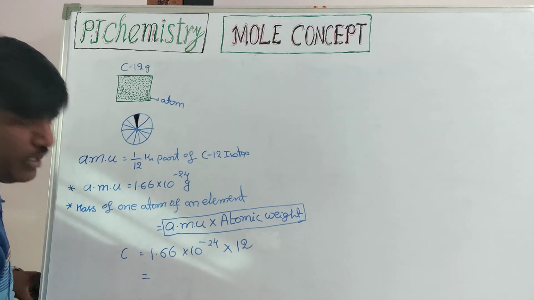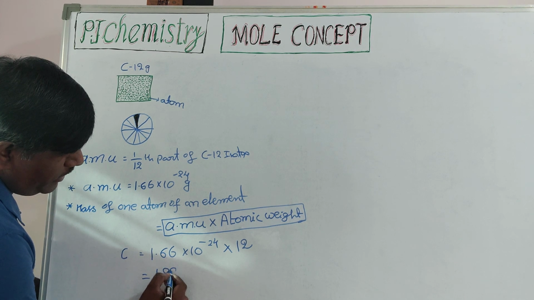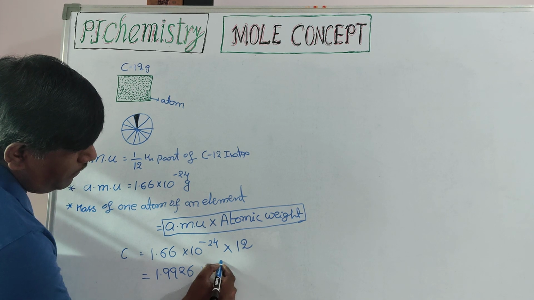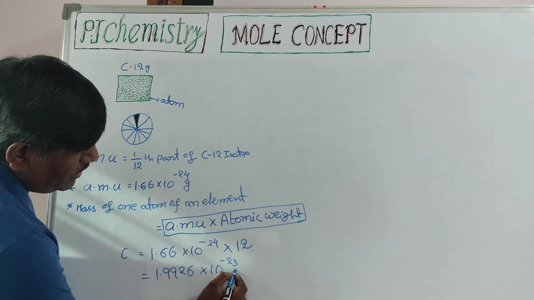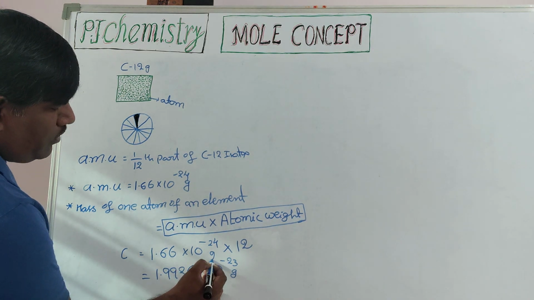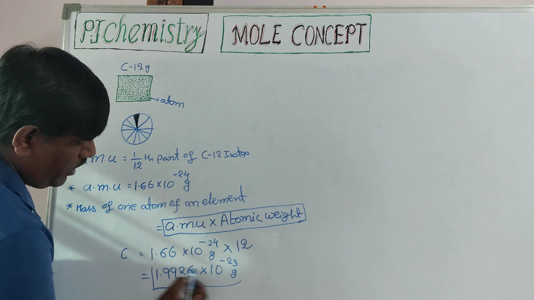If you multiply this, you will get 1.9926 into 10 to the power of minus 23 grams. This is the value you are going to get for the mass of one atom of carbon.